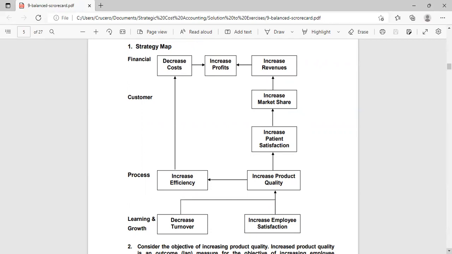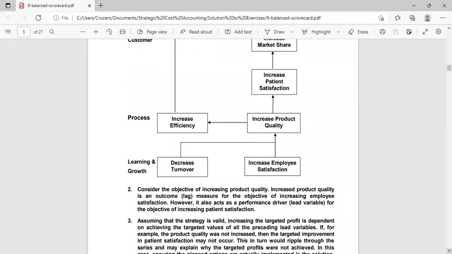Now for the process, we have increase in inventory and increase in product quality. So we have increase in employee satisfaction, which will increase product quality. With learning and growth, we have decrease turnover and increase employee satisfaction.